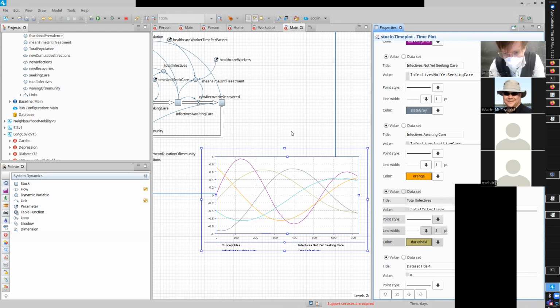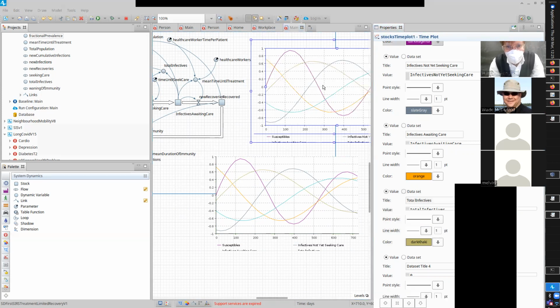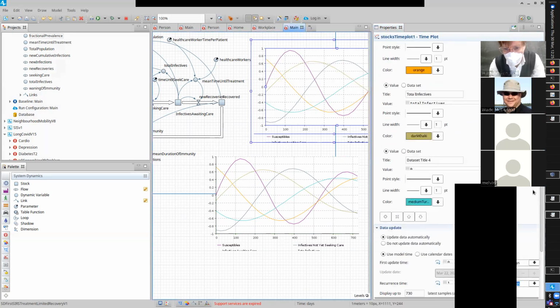So we are now in a fine situation. I want to add one more graph, and then we'll be able to start using this model. So I'm going to add another graph here, and I just copied this graph and pasted it here.